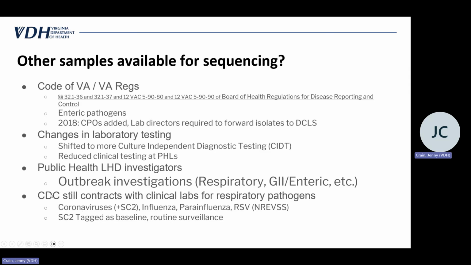And then lastly, I just wanted to mention that CDC still does have contracts with certain clinical labs for obtaining respiratory pathogens and to do sequencing. And again, this tagging for routine surveillance was important and really critical for understanding contextual data in terms of looking at what sequences, why we were sequencing certain isolates.